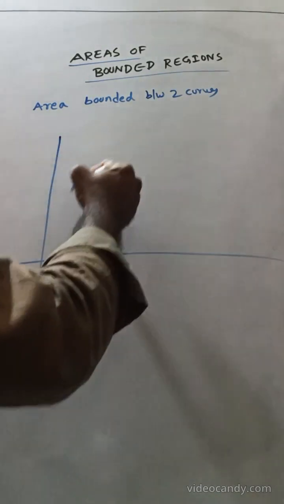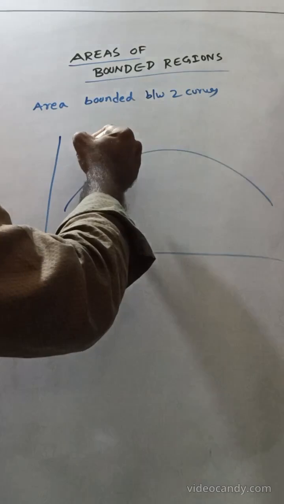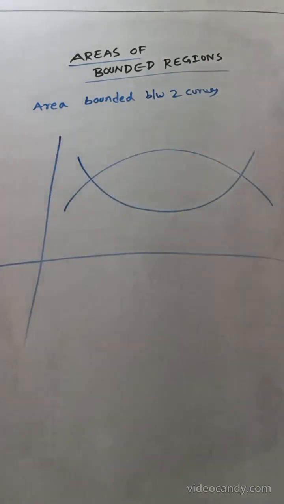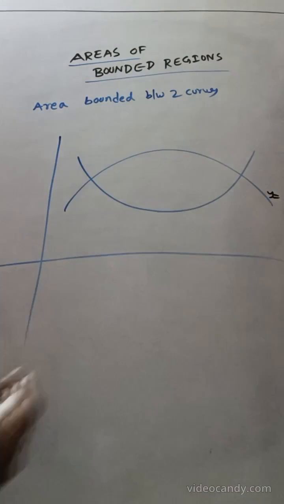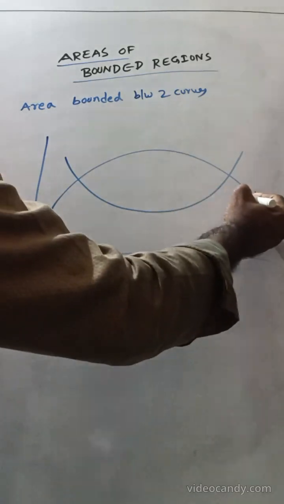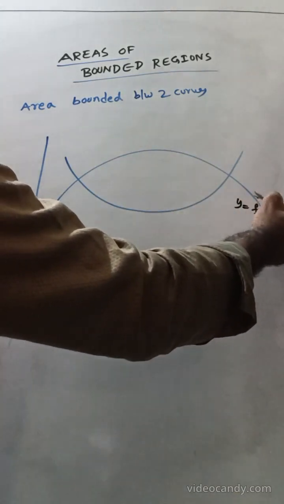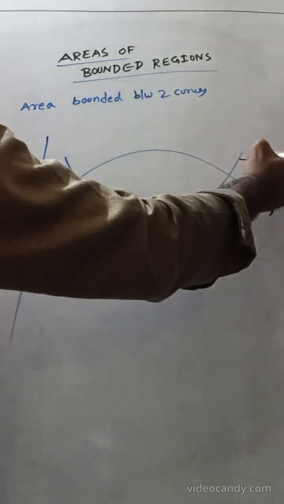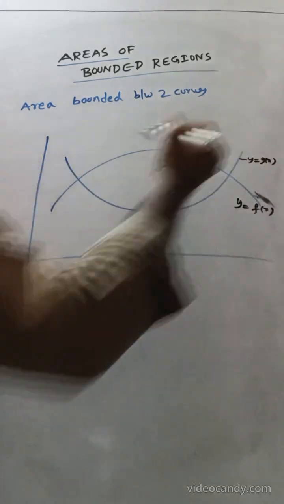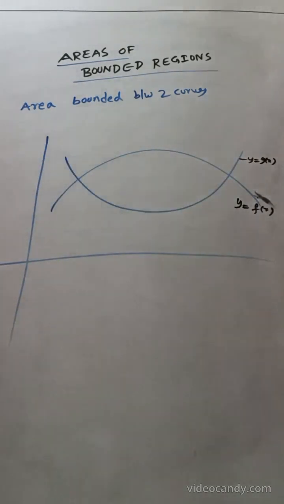Let us see the diagram. There are two curves intersecting like this. This is the curve y is equal to f of x, and this is the curve y is equal to g of x.